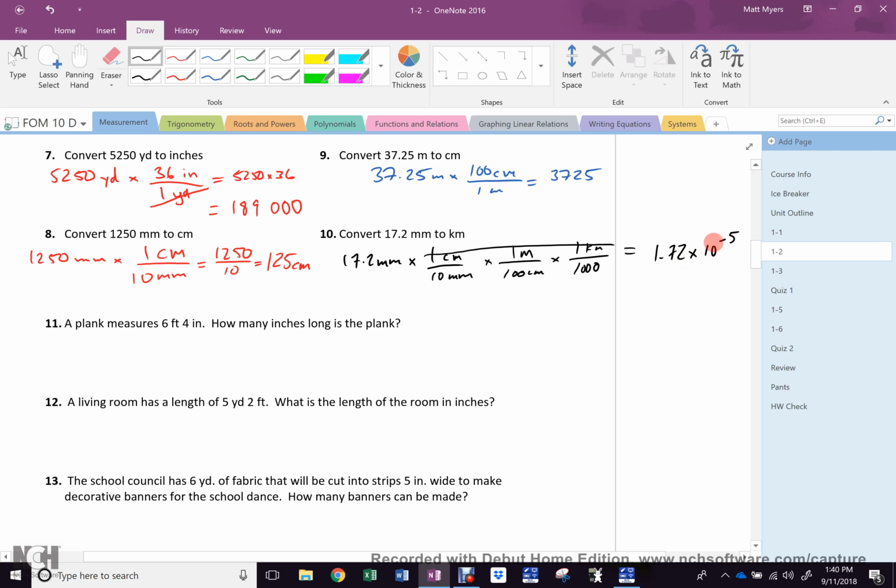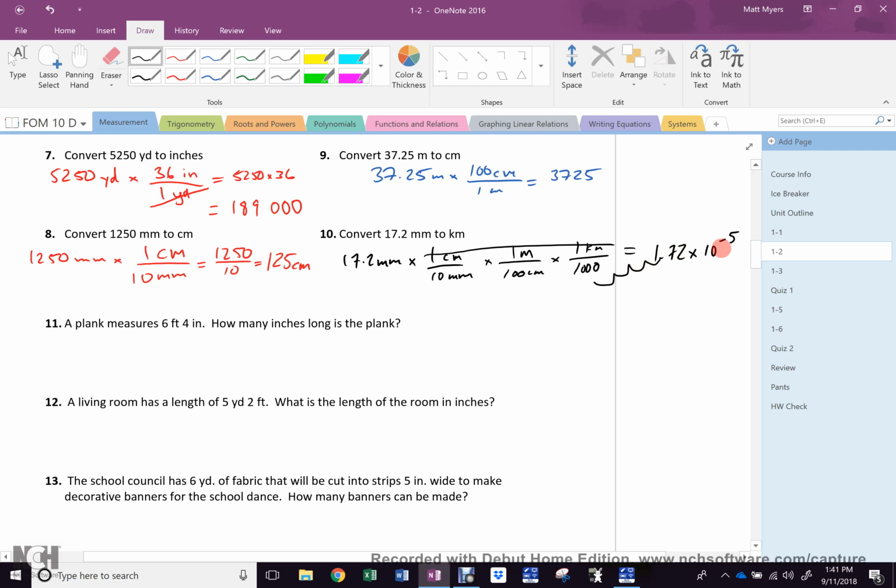All that means is this decimal moves 5 spaces this way. And there's zeros in the holes. That used to be in Math 8. I don't know if it still is because I don't teach Math 8. That was called scientific notation. Do any of you remember seeing that? Oh, yeah. Some of you will have. It used to be in Math 8. I don't know where it is now. But that's all it is.